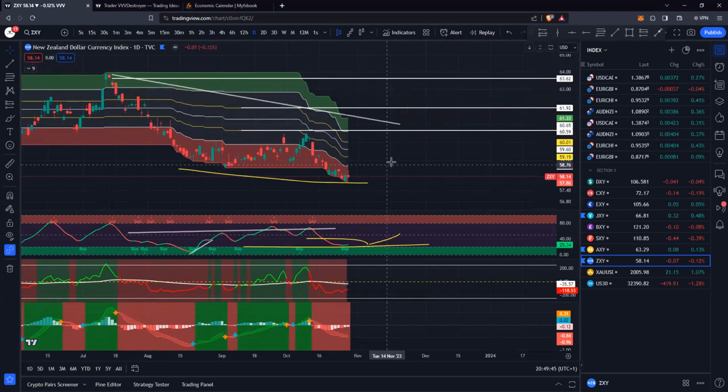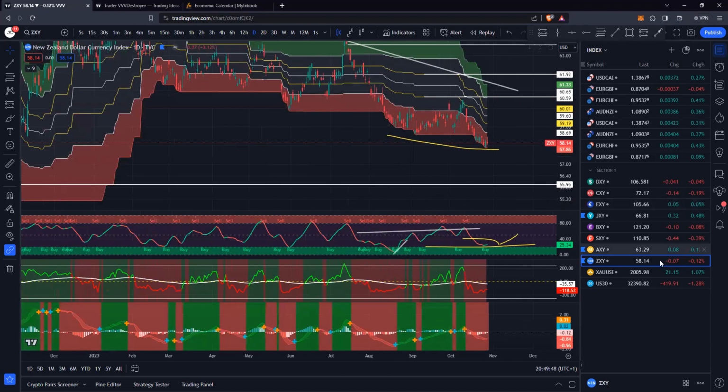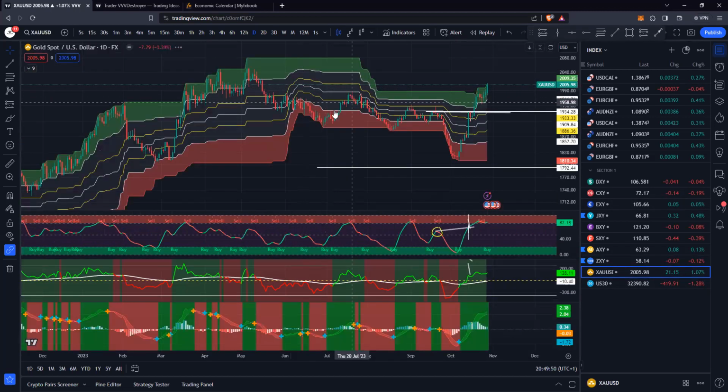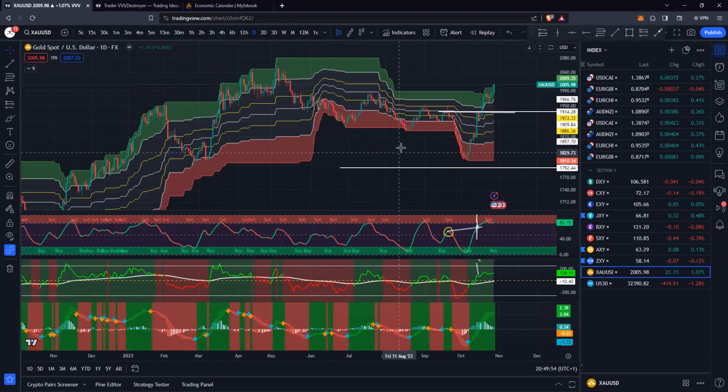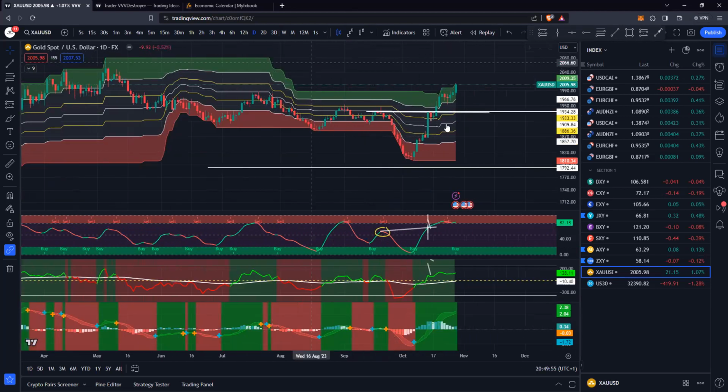So yeah, very interesting thing. Okay, and we are coming to the gold, and the gold is something different because, as you see on the daily basis after Friday, as you know, the USA attacked Syria, and by the end of the day, what we could see is another pull from the gold.